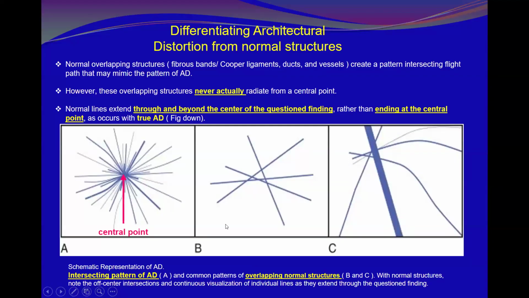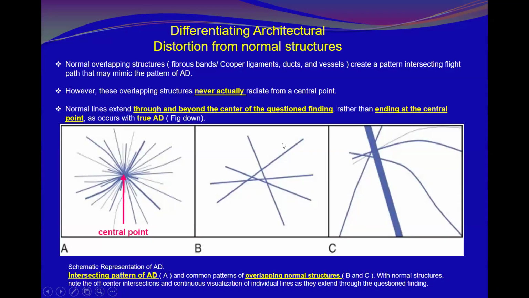As you know, normal breast structures are overlapping. The fibrous bands, the Cooper ligaments, ducts and vessels are overlapping, creating intersecting slide paths that may mimic the architectural distortion on mammography, not here.